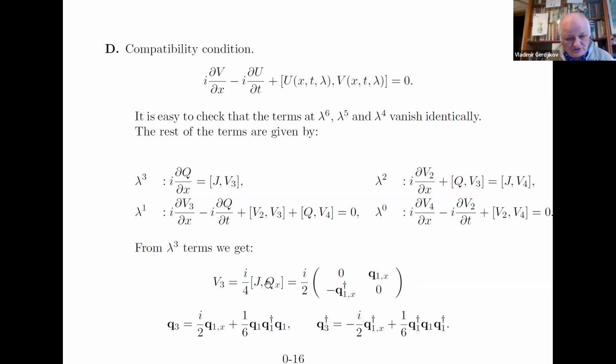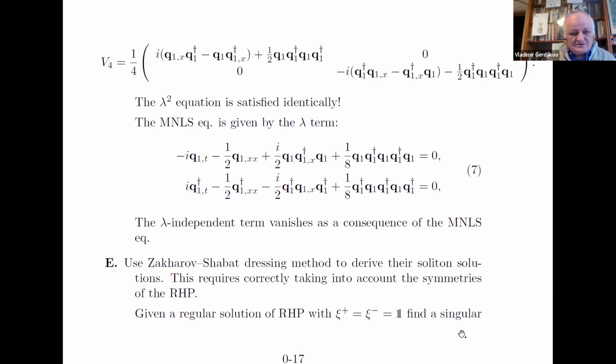V3 was expressed in Q3 small, and I expressed it in this Q1 again. V4 was this, and I don't have the time to explain all the details, but this is the result for the corresponding multi-component nonlinear Schrödinger equations.